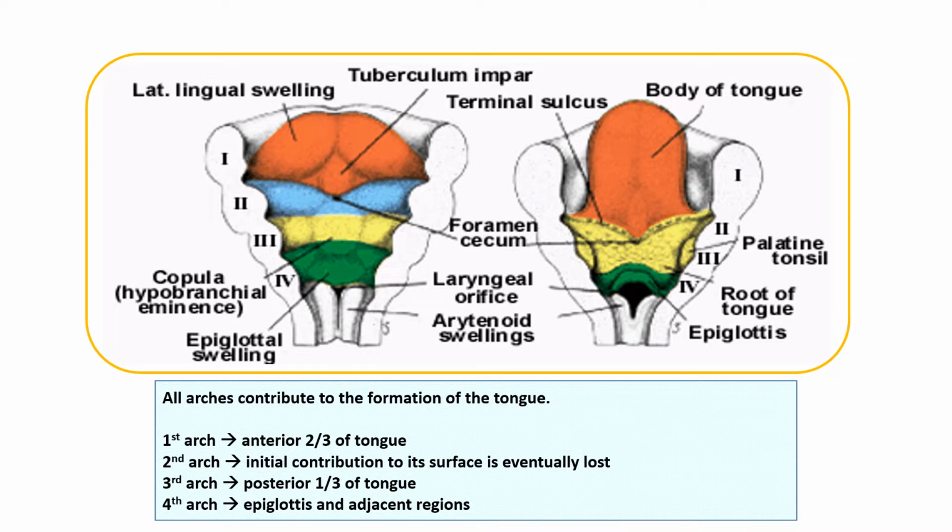All 3 structures, the tuberculum impar and the 2 lateral lingual swellings, one here on the left and one here on the right, are actually from the first pharyngeal arch, as you can see in this image over here.